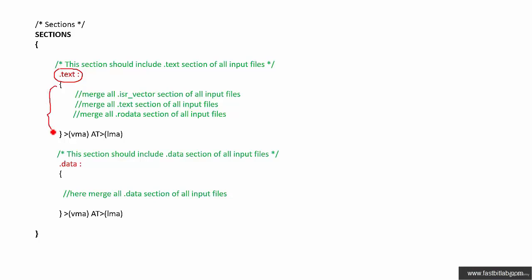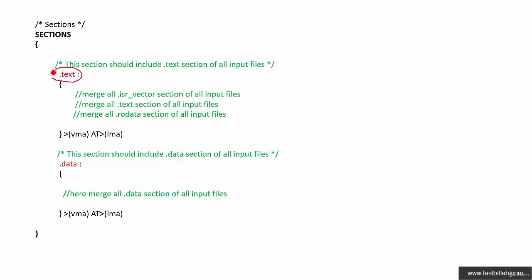This is the body, and this gives the address information to the linker and locator, where to place this section in memory. This is a combination of VMA and LMA, where LMA stands for load memory address and VMA stands for virtual memory address. More on that we'll see later, how to use this syntax properly. But this actually gives the section placement information in memory.